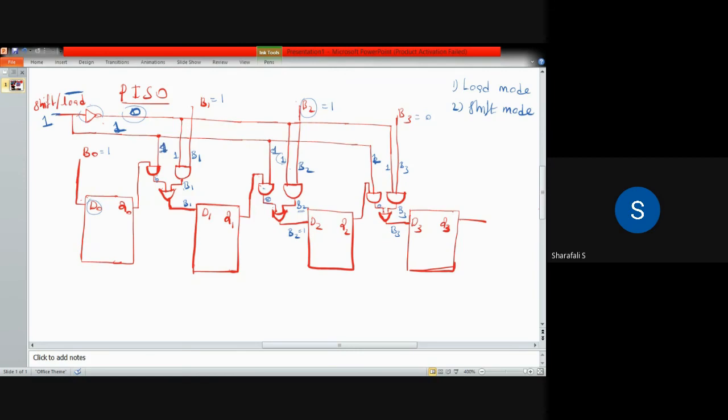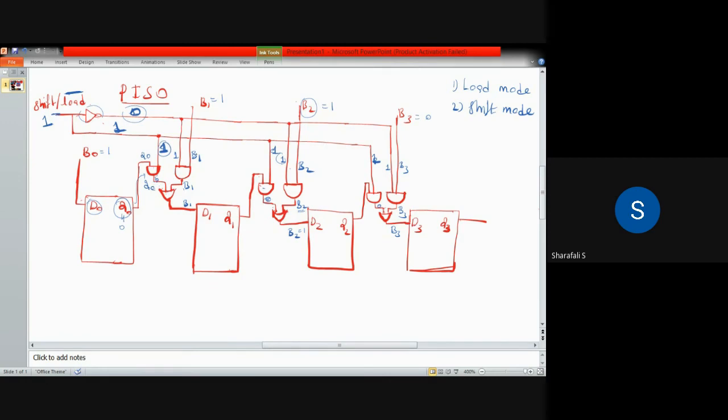Now this will become 1. So when this is 1, then this output Q0 will be multiplied with this 1 at the AND gate. So Q0 or B1 will come. If the load line is 1, then B1 directly will come; if not, it will change. For example, Q0 equal to 0: in this particular case this Q0 will come here, because it is multiplying.